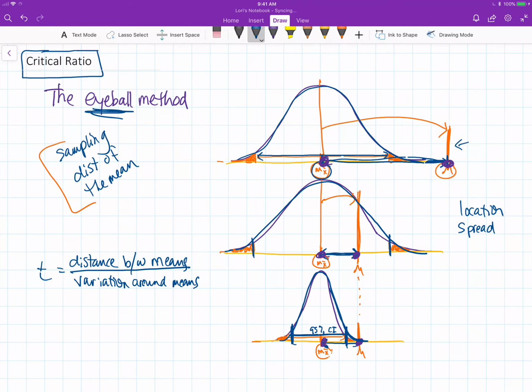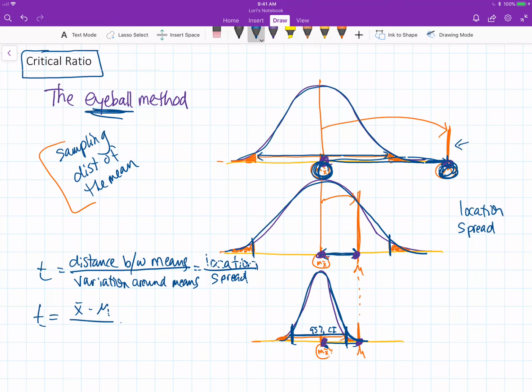And so I like to think of this as the location divided by how spread out it is. And specifically for a t-test, the t is equal to x bar minus mu. So in other words, here's our x bar, here's our mu. How far apart are they spread out?